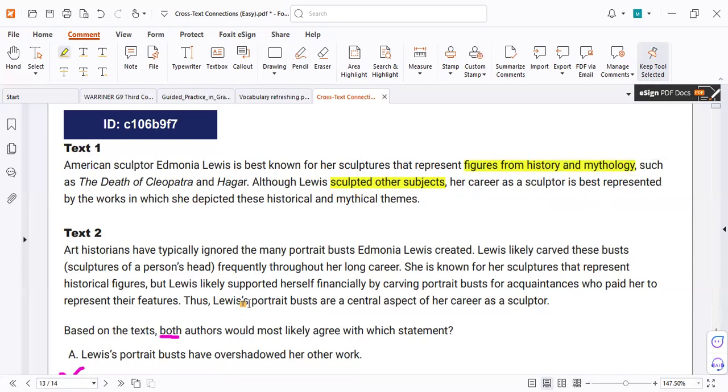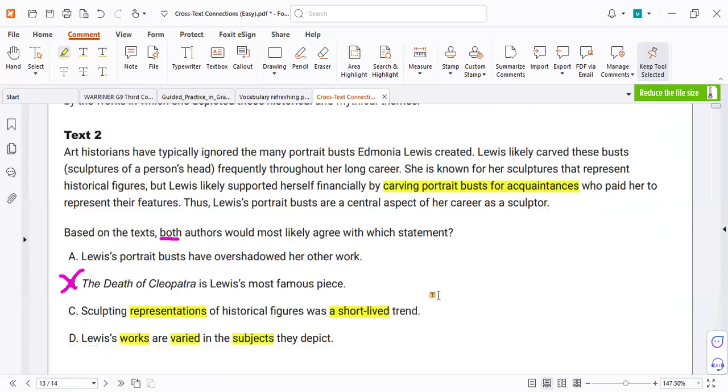Here he mentioned again, she is known for her sculptures that represent historical figures, and supported herself financially by carving portrait busts for acquaintances and friends who paid her to represent their features. This means she had a lot of subjects, more than the historical and the mythology. So here we have a variety of subjects, and here we have a variety of subjects. This means both of them agree about this point, the variety of subjects in her figures.